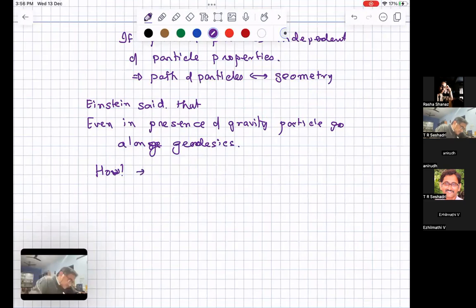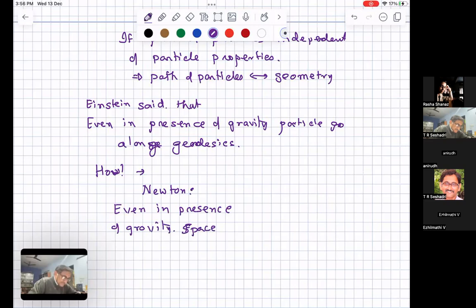For Newton, even in the presence of gravity, space-time is flat.